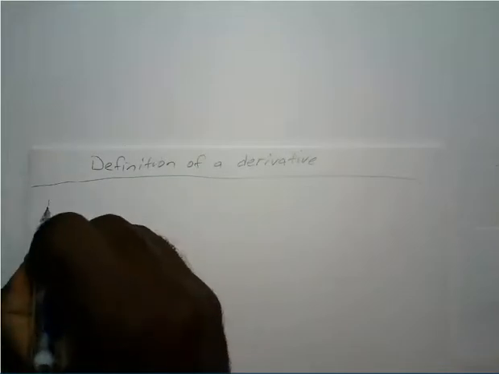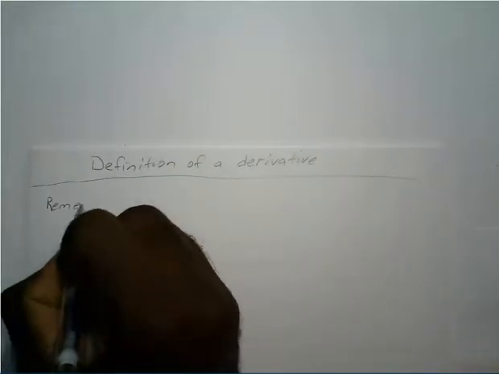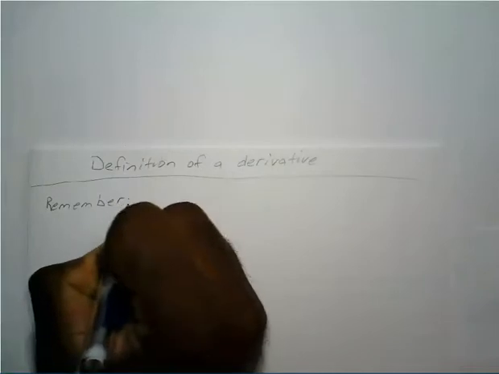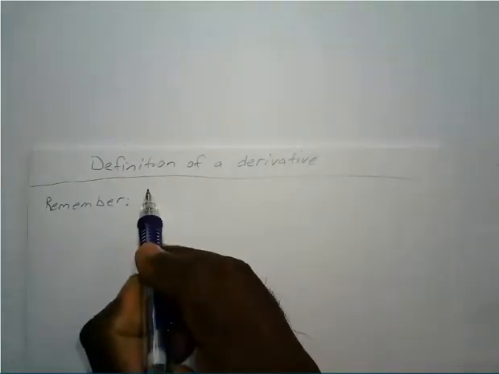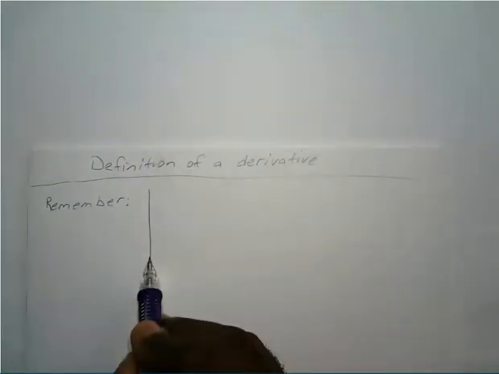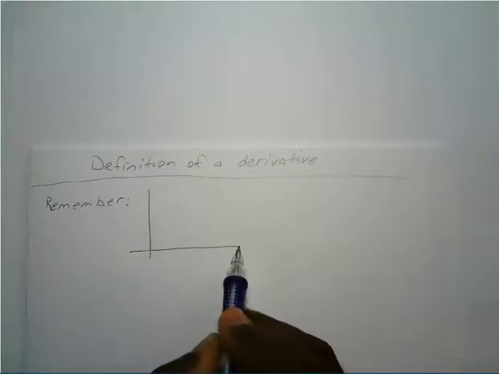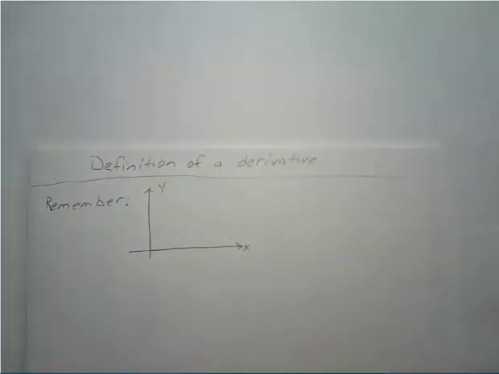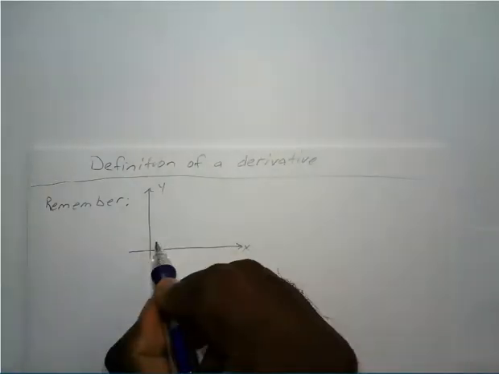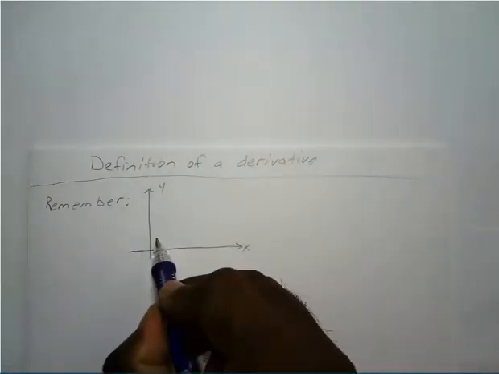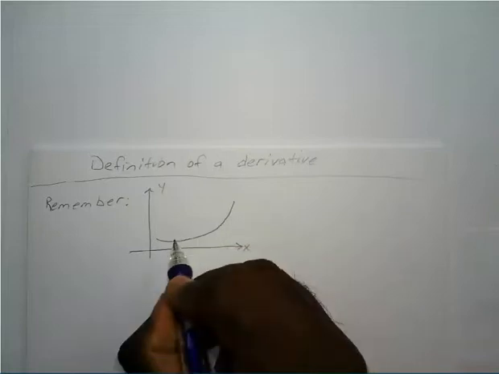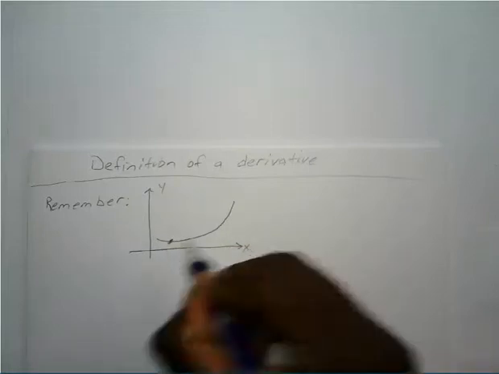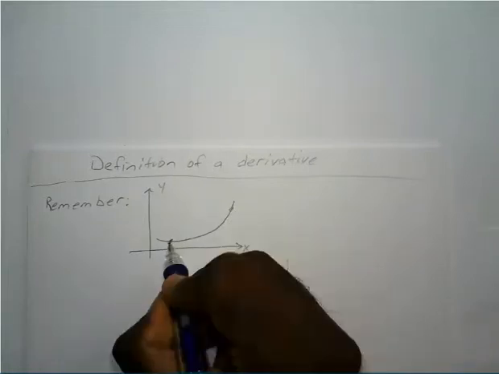Okay, so if you remember, we have our x and y axis here. What if you have a little portion of a graph? We'll have our graph here, and we say a point here and a point there.